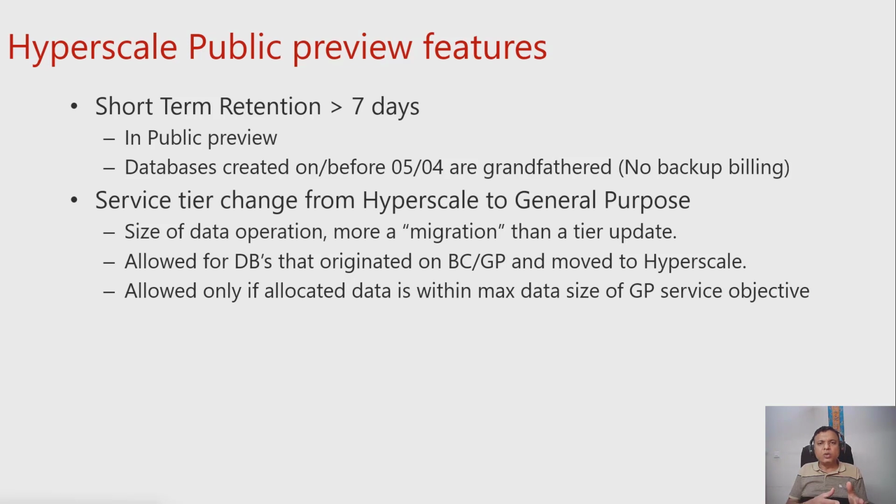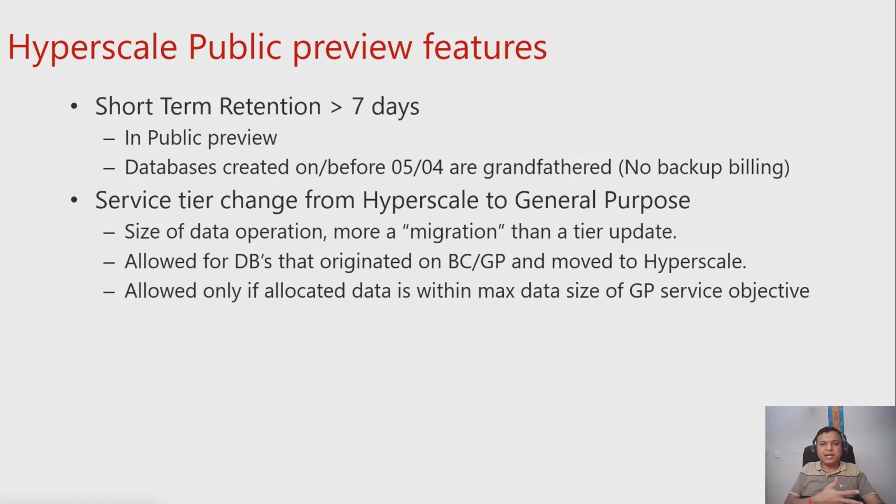Now, this is allowed only for databases which were moved previously to the hyperscale tier. It essentially means that if you create a database brand new on the hyperscale tier, you will not be allowed to move it back to the other tiers of Azure SQL Database. And as you can imagine, the maximum size limit of the other tiers, which is BC and GP, is 4 terabytes.